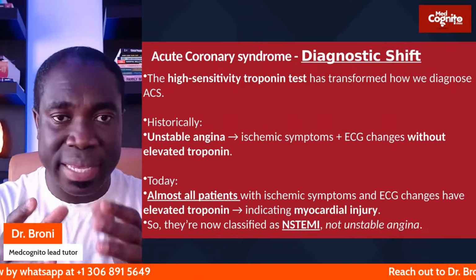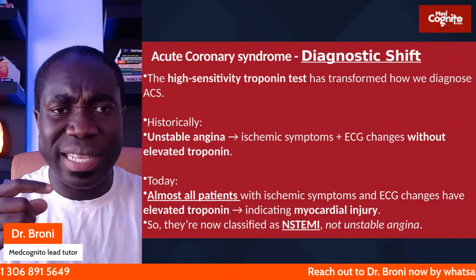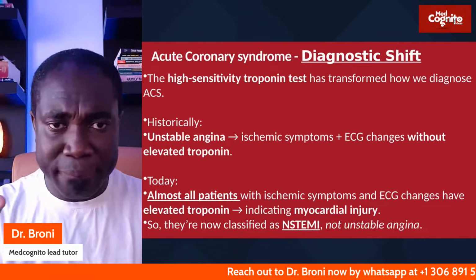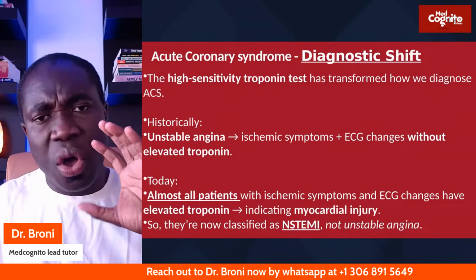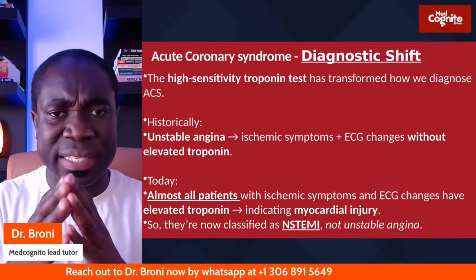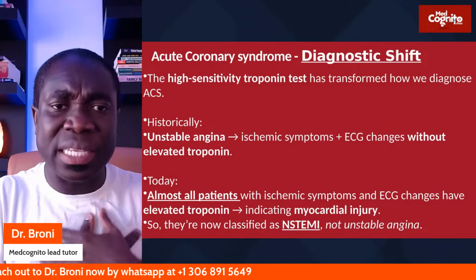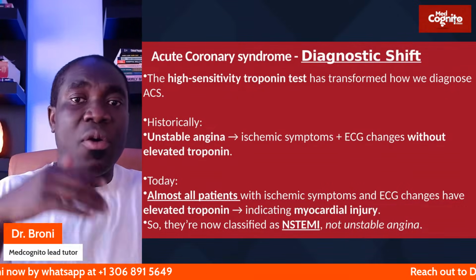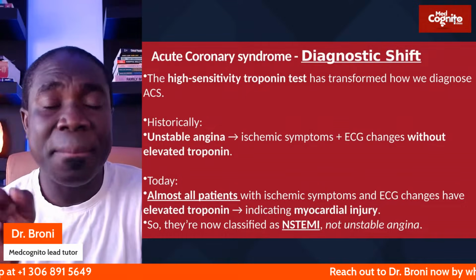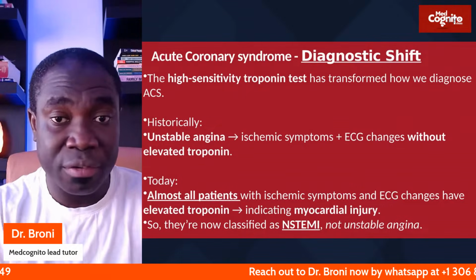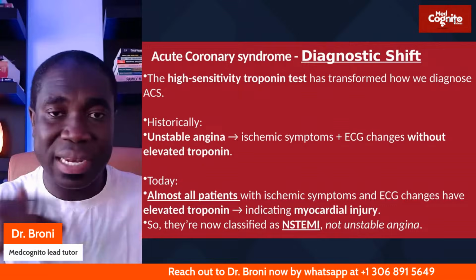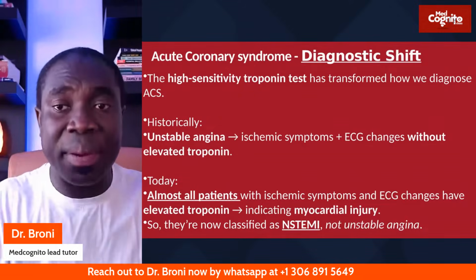And what do I mean by that? You realize that in the past, historically, unstable angina has always been defined as a patient with ischemic changes, so say chest pain, with ECG changes, but without elevated troponin levels. That's how the definition has been in the past, right?